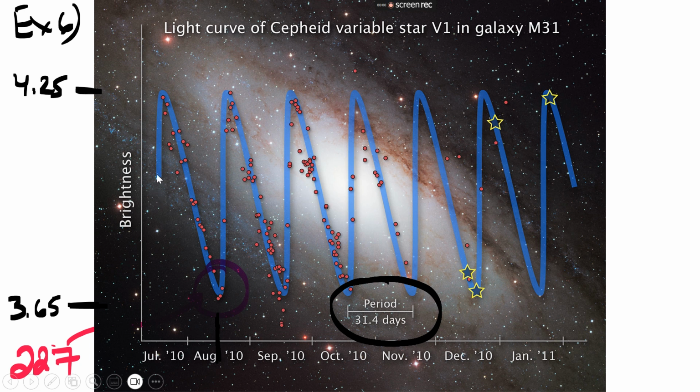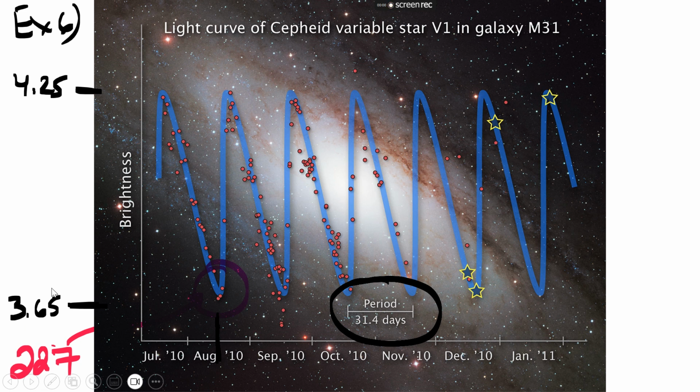So they started mapping it in July, and it goes up and down and up and down. That's the brightness of it. And over here it says it has a period of 31.4 days from the time it's very dim to the dimmest times. That's cool.